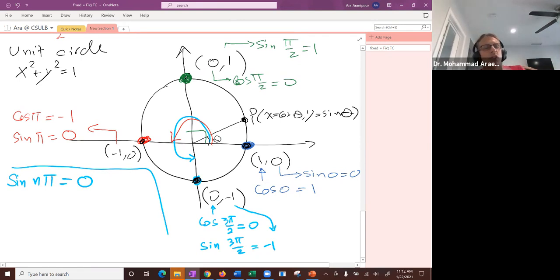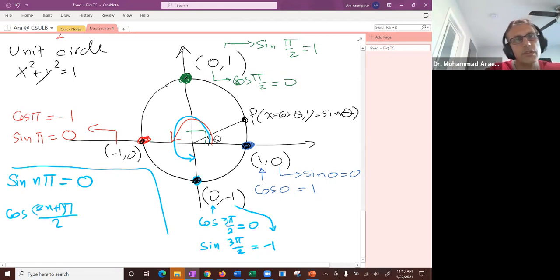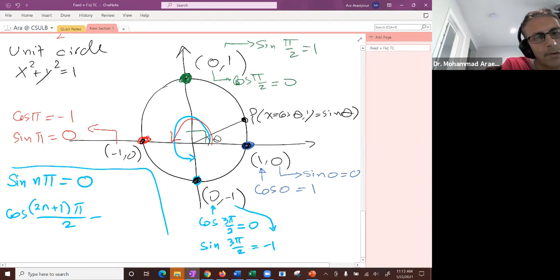Cosine of n pi changes between negative 1 and 1. Cosine of (2n plus 1) times pi over 2, that means odd multiples of pi over 2, is always 0. Okay, so I hope that's straightforward, and I hope that helps.